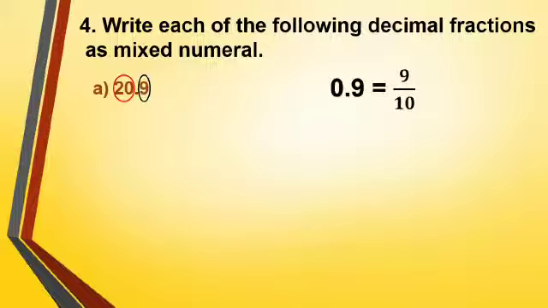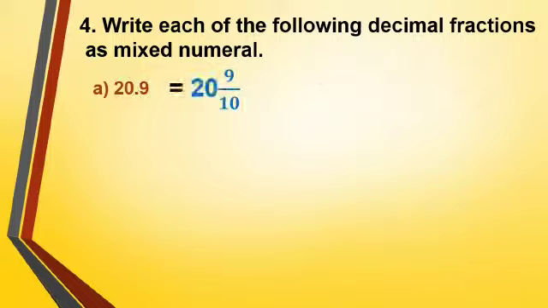Now, there is one digit to the right of decimal, so 0.9 is equal to 9 by 10 in the fraction form. Now, consider the whole part 20. So, the mixed number 20.9 can be written as the mixed fraction 20 and 9 by 10, where 20 is the whole part and 9 by 10 is the fraction part.